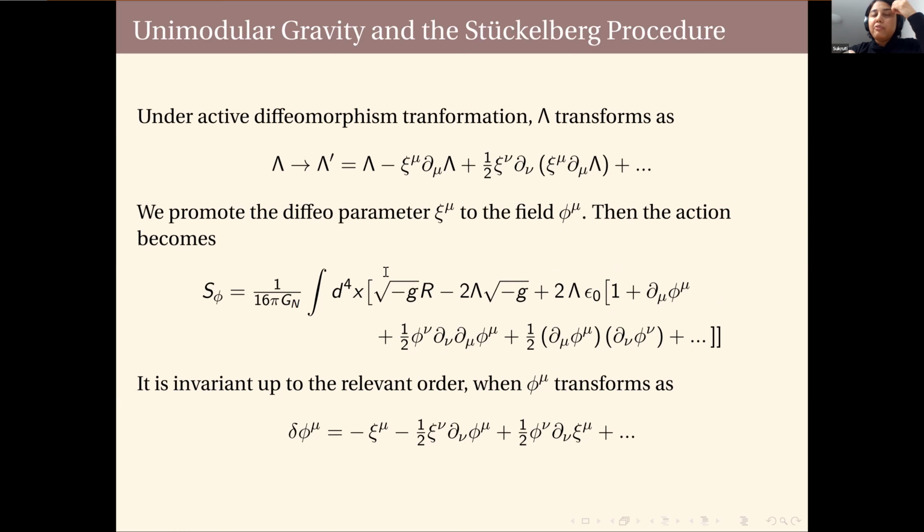And now when we perform a diffeo transformation on the field lambda, it's not just lambda that transforms like this, but also these fields phi, which transform under diffeos like this with the parameter xi. The transformations of these two fields in the action are such that they cancel all the new terms that come in the action. And so the action again becomes diffeomorphism invariant.